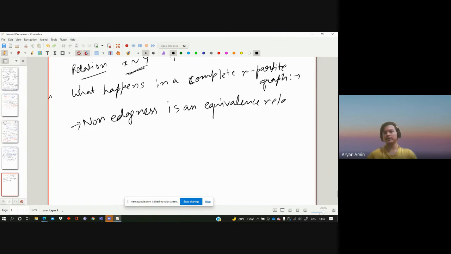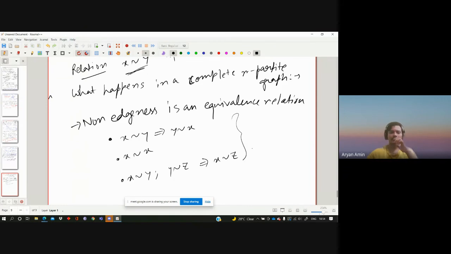Equivalence relation means these conditions need to be satisfied. If there is no edge connecting x and y, then there is no edge connecting y and x. True. No edge from x to itself because it's a simple graph.